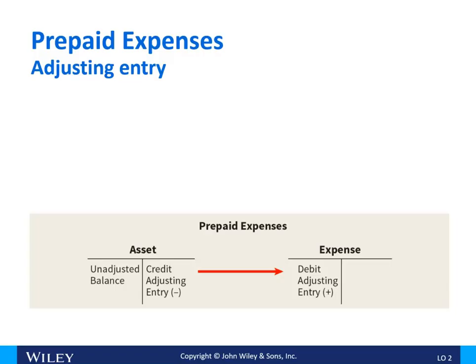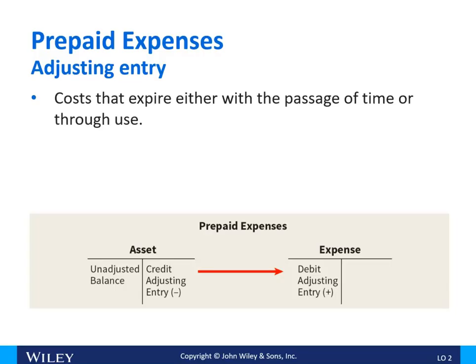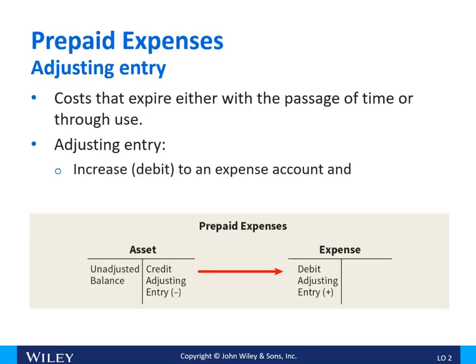Adjusting entry: costs that expire either with the passage of time or through use. We're going to create the adjusting entry where we increase, or debit, an expense account and we decrease, or credit, an asset account. The asset has a debit balance unadjusted. We're going to put a credit to lower that asset and a debit to increase the expense.